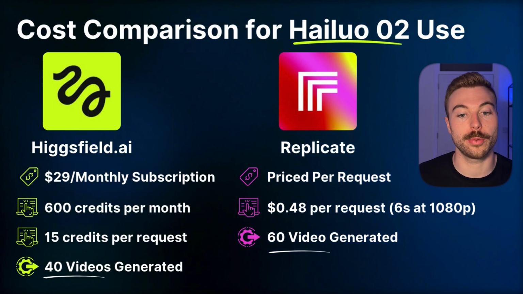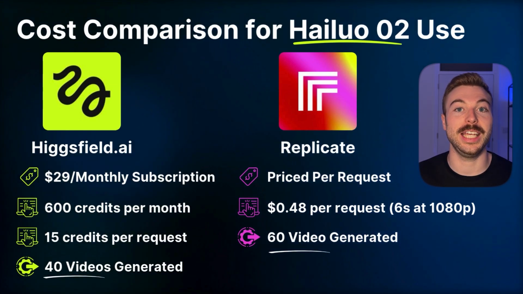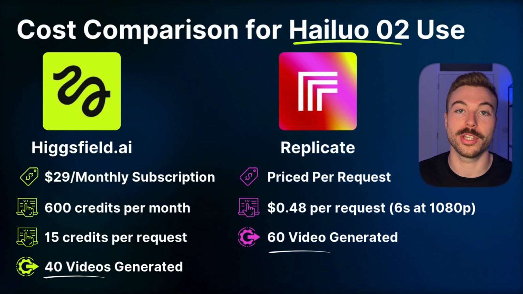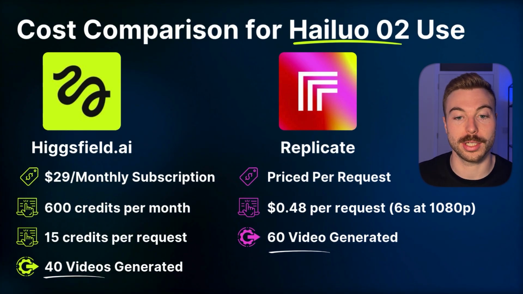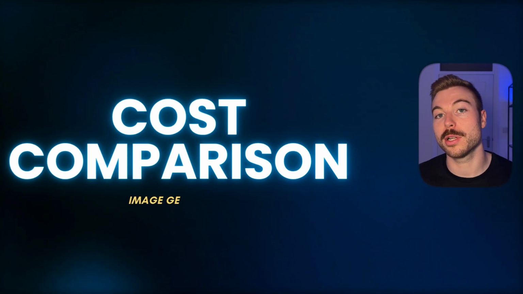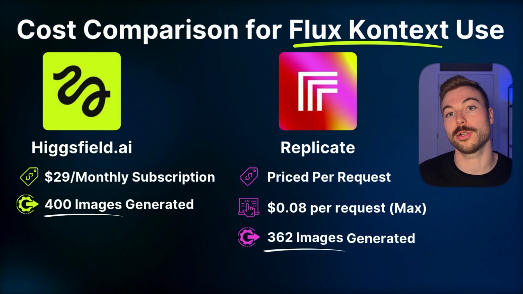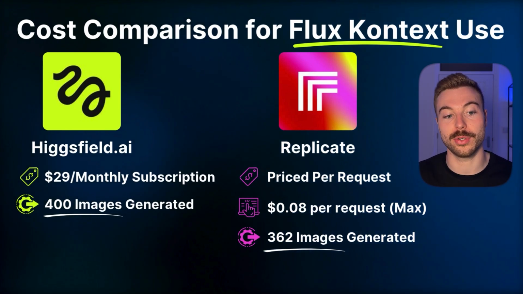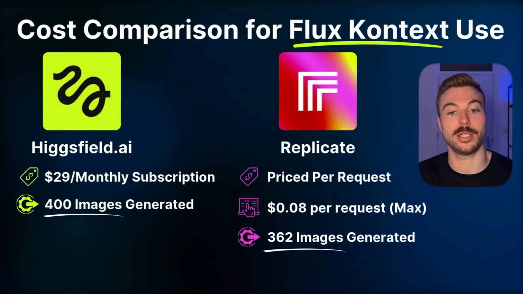However, if you were to come across to platforms like Replicate, where you pay for that usage, each request would be around 48 cents. So for the same amount of money, you'd be able to get around 60 videos generated. Now, if we start to look at the image area, you're also able to use Flux context on Replicate. And that's where, when you look at the Higgsfield AI, you're able to get that 400 images generated with that.